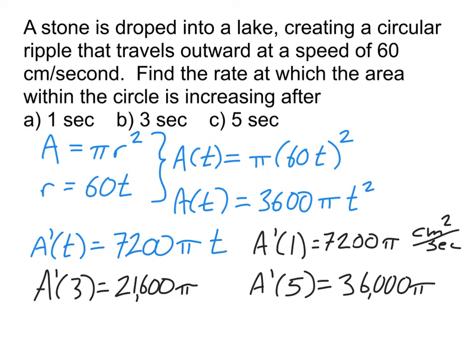So notice what this is telling me. It's telling me for each of these that my area is changing by that many square centimeters every second when you get out to that point on the circle, which happens after t amount of time. So it's actually given us the rate of something useful per second.